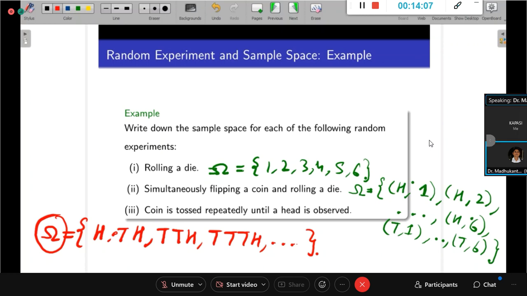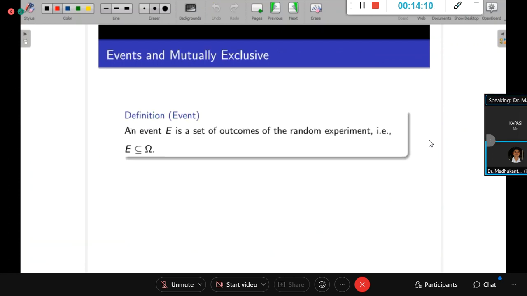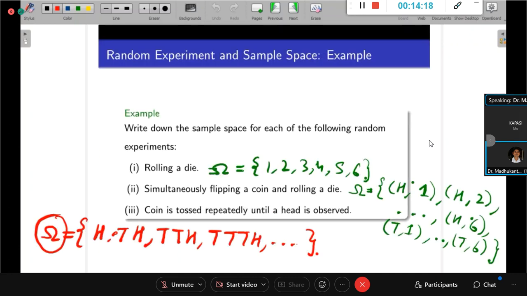So the next very obvious definition is that an event is a set of outcomes of the random experiment. For example, in the first case, let's say the event is getting any number x such that x is less than or equal to 3.